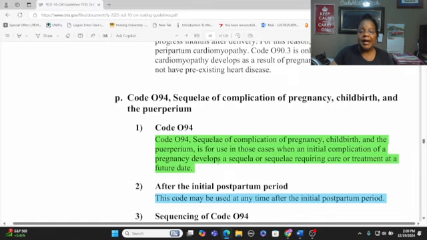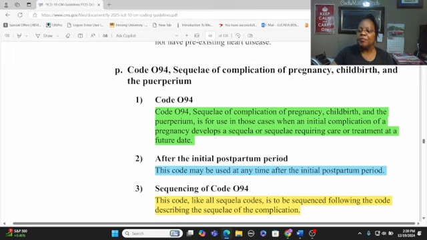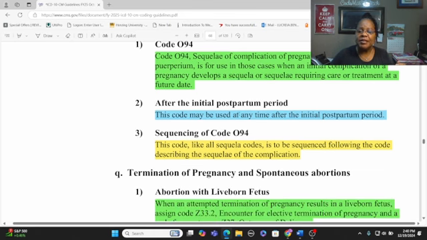So looking at our guidelines for sequela of complications of pregnancy, childbirth, and the puerperium, it says code O94, sequela of complications of pregnancy, childbirth, and the puerperium is for use in those cases when an initial complication of a pregnancy develops a sequela or sequelae requiring care or treatment at a future date. Number 2, after the initial postpartum period, this code may be used at any time after the initial postpartum period.